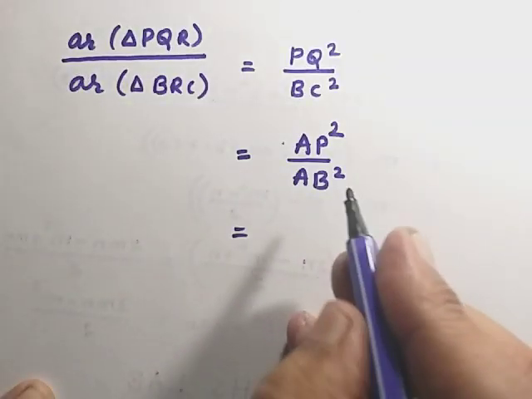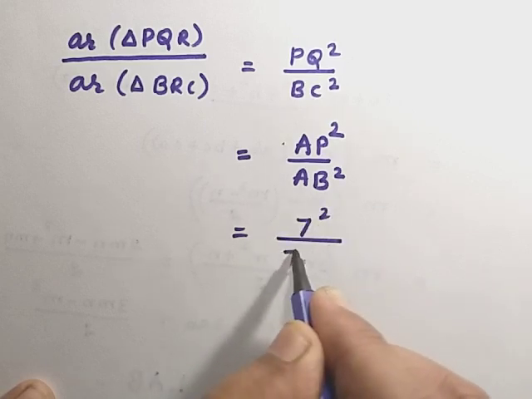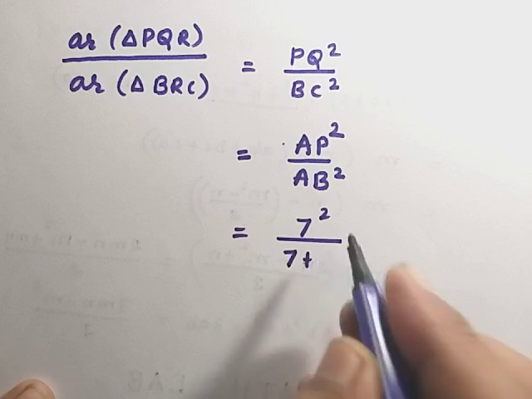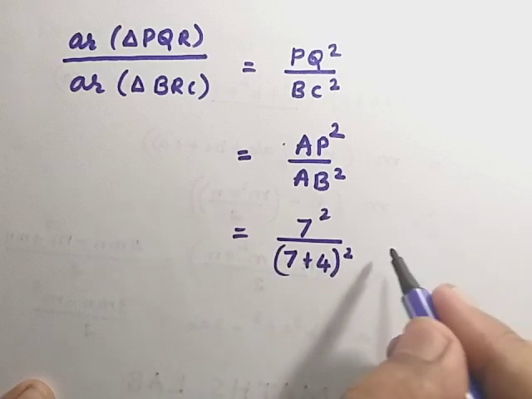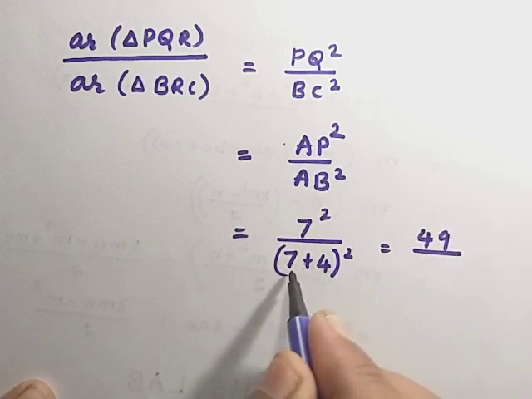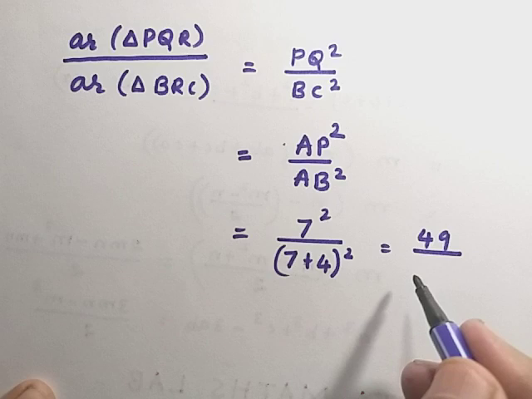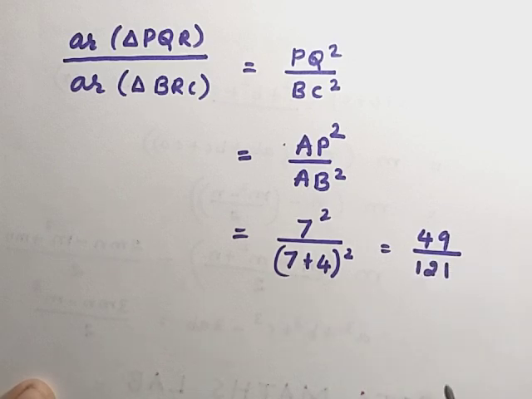So 7 squared divided by (7 plus 4) squared is 49 divided by 11 squared, which is 121.